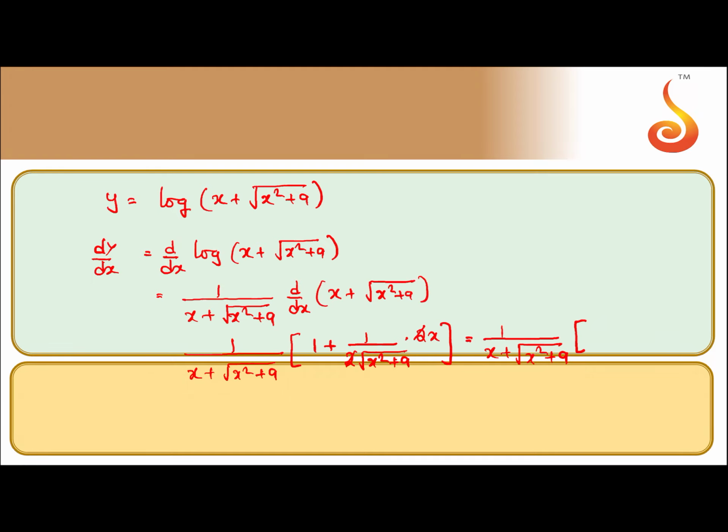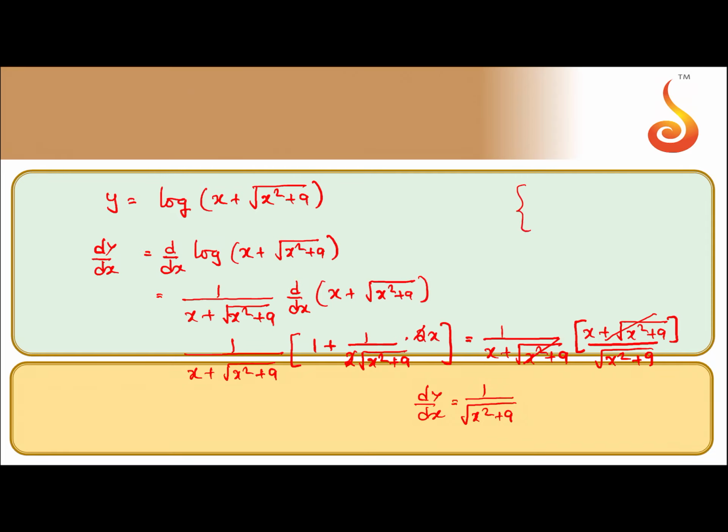This can again be written as x plus under root of x square plus 9 whole divided by under root of x square plus 9. So both numerator and denominator terms will cancel. Finally we get dy by dx is equal to 1 by under root of x square plus 9.